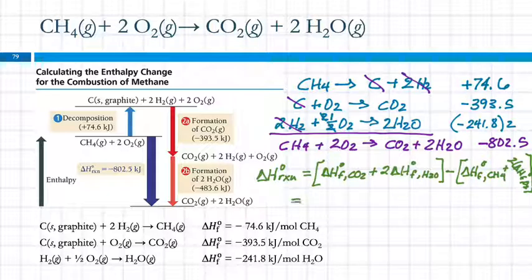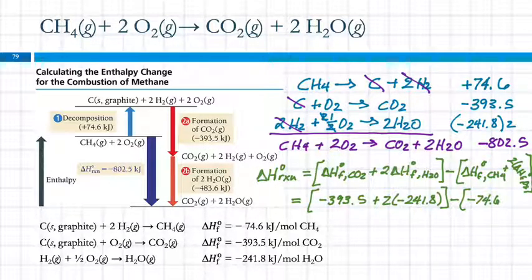So the heat of reaction is the heat of formation for CO2, negative 393.5, plus 2 times the heat of formation for water, minus the heat of formation for methane, plus 2 times the heat of formation for oxygen.